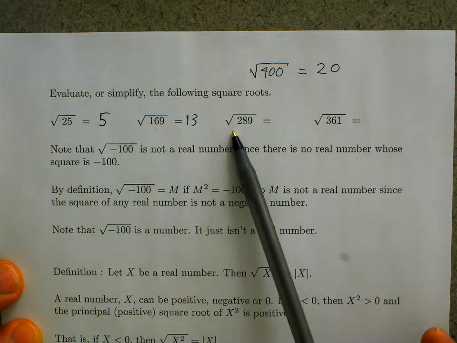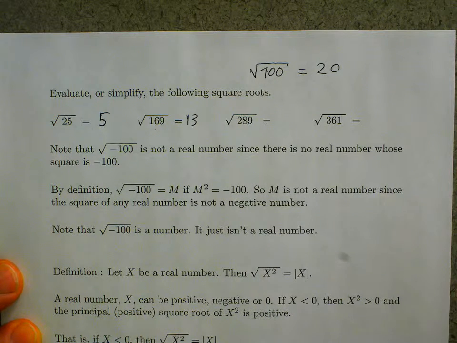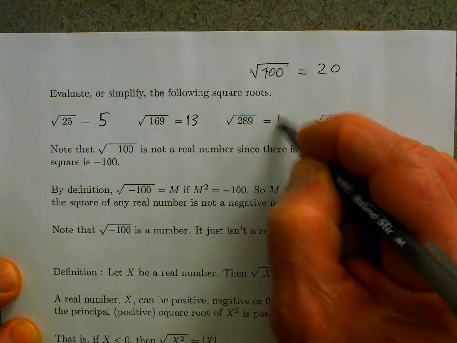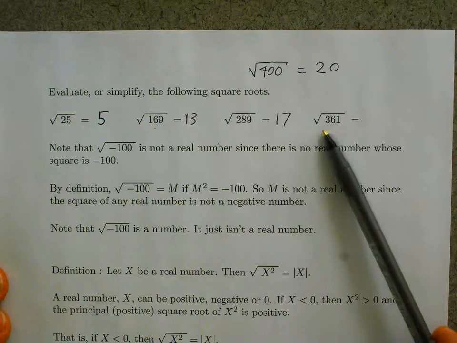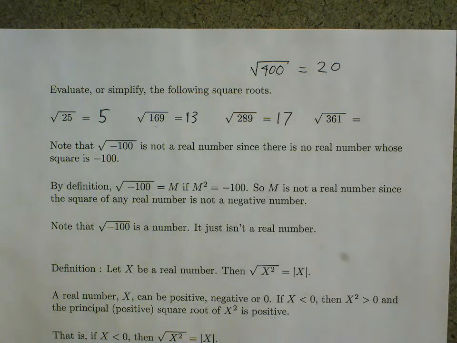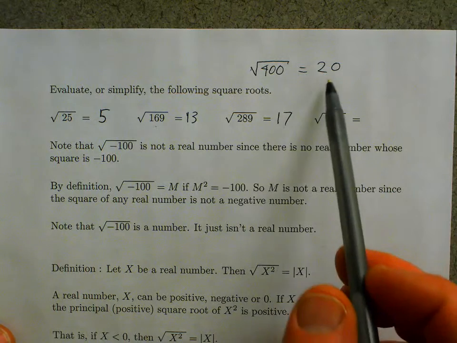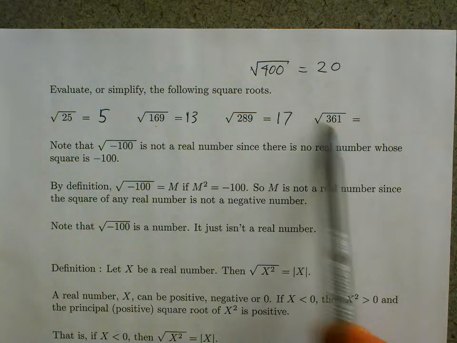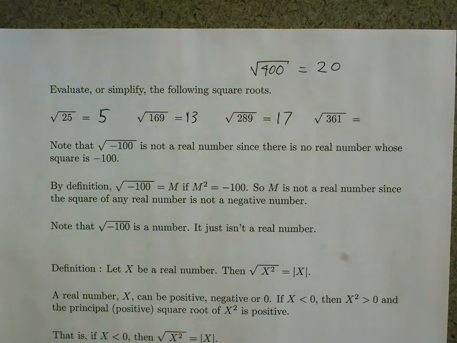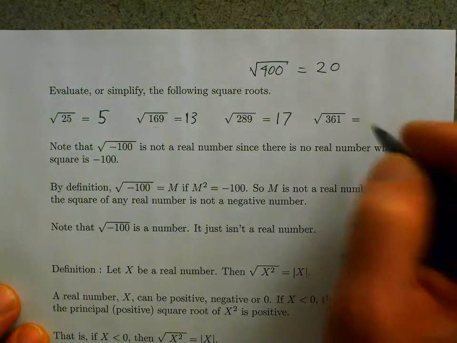The principal square root of 289 is 17, because 17 to the second power is 289. And the square root of 361. Well, if 361 is a perfect square, and it is a perfect square, it has to be less than 20 because the square root of 400 is 20, and 361 is less than 400. So this one is 19.